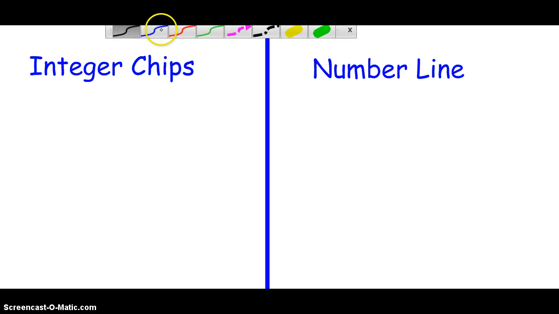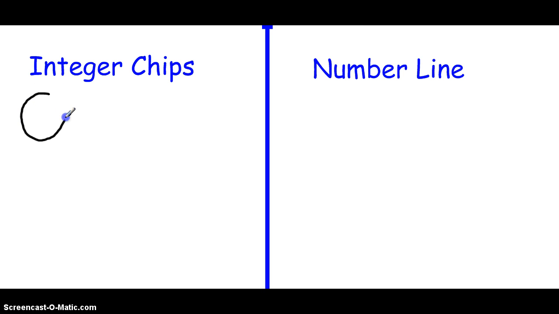When we're using integer chips, this will typically be our key. If we have a chip with a plus in it, that's going to equal a positive 1, since it's one chip. If we have a chip with a negative in it, that will equal negative 1.